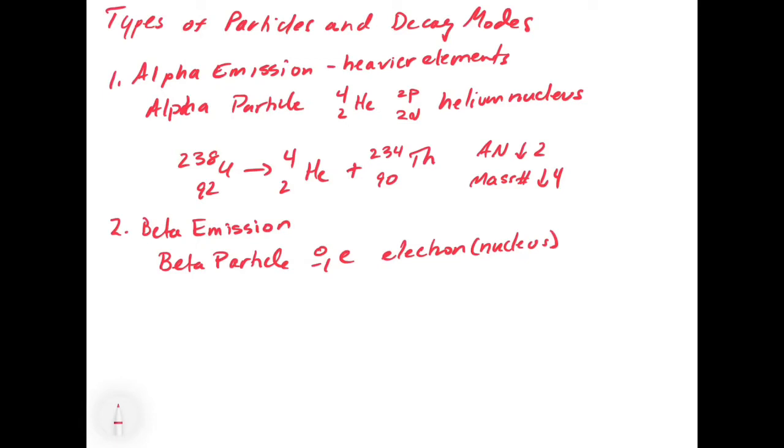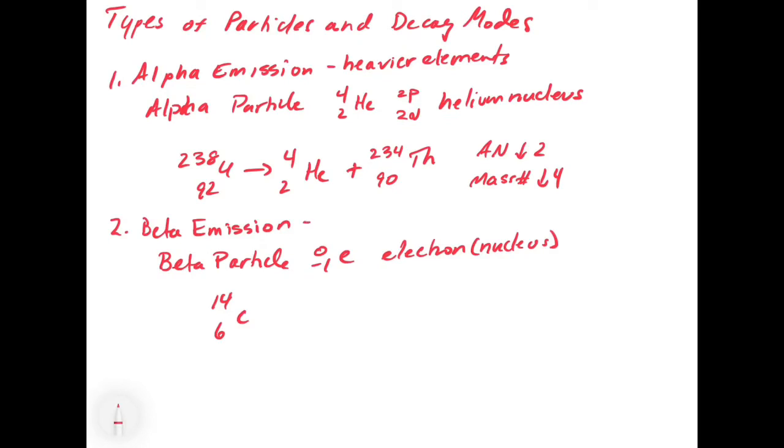Now, in terms of the decay, if we start with something like 14/6 carbon, you'll notice there's something a little odd about this carbon. Normally carbon should be 12/6. What this indicates is that we may have too many neutrons in this sample.